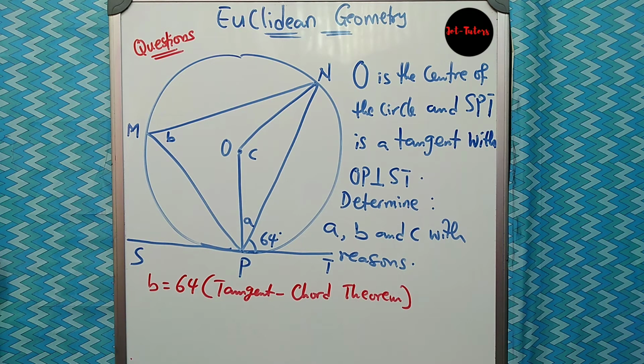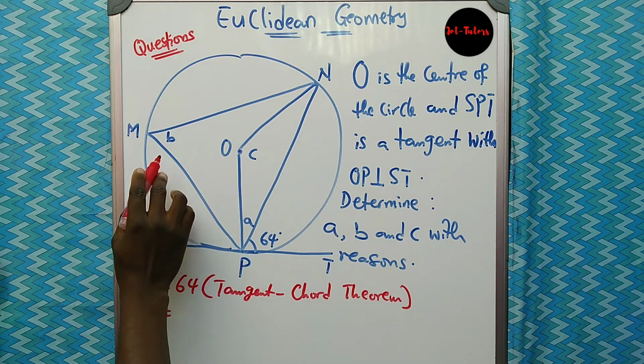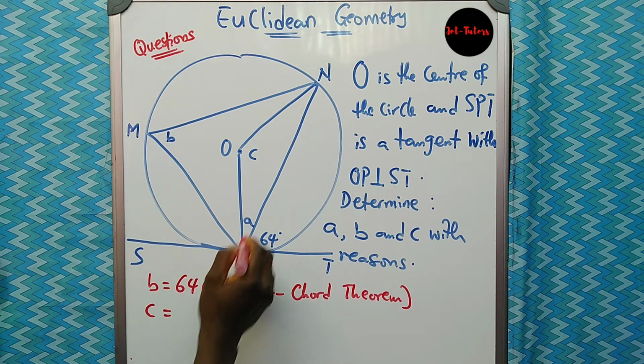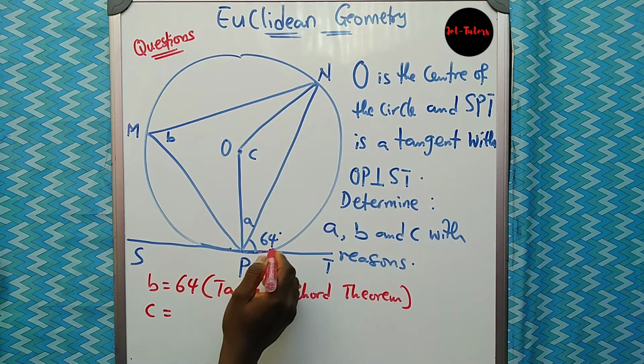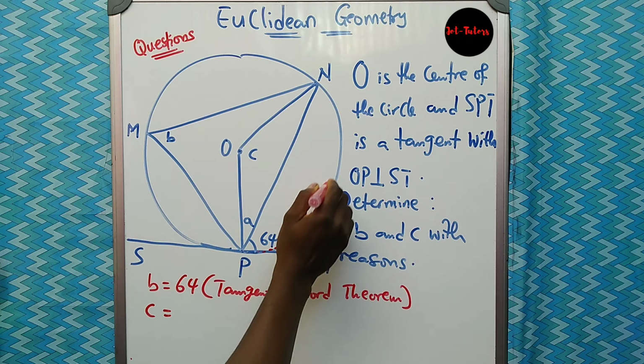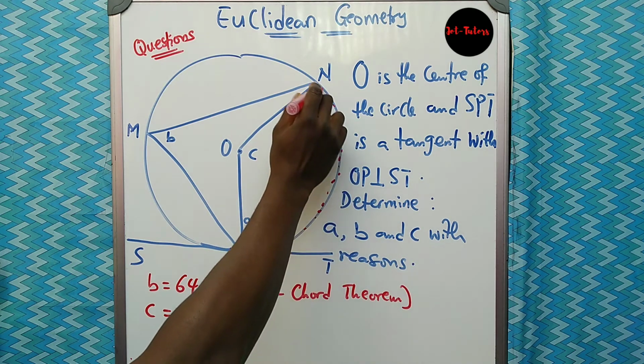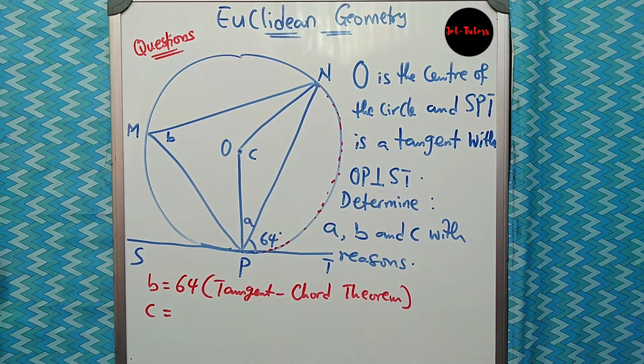For A, before A we can look for C. If you look at C, angle C and angle B are subtended by the same chord, and they are subtended by the same arc. And in one of the theorems, we are told that the angle subtended at the center is twice the angle subtended at the circumference.